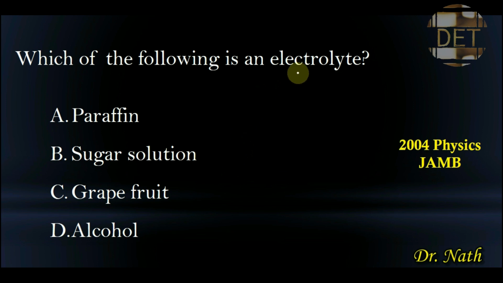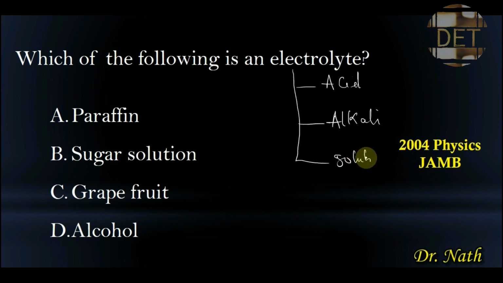Like we've discussed before, electrolytes occur in three basic forms. An electrolyte can occur as an acid, it can occur as an alkali, and it can occur as a soluble salt. So which of the following is an electrolyte? Is it paraffin?